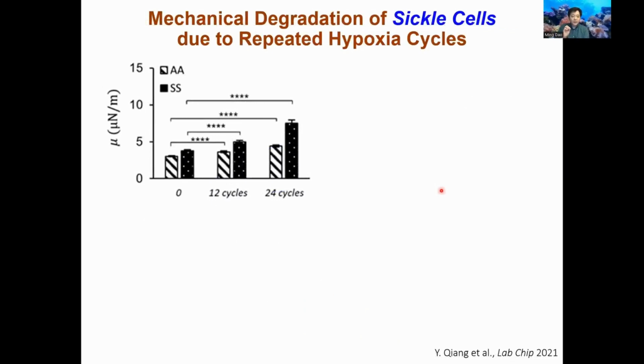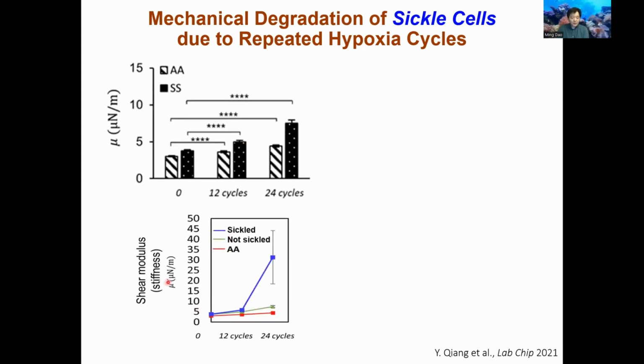When we have repeated hypoxia cycles, what happens with the mechanical property degradation? This slide shows shear modulus versus number of cycles. You can see that even healthy cells will degrade a little bit over these hypoxia cycles, but sickle cells actually go much worse.